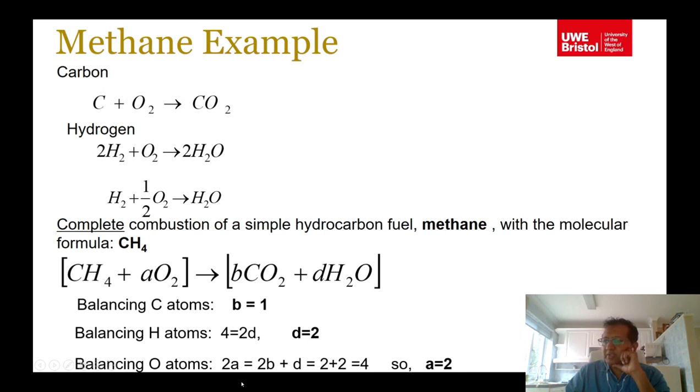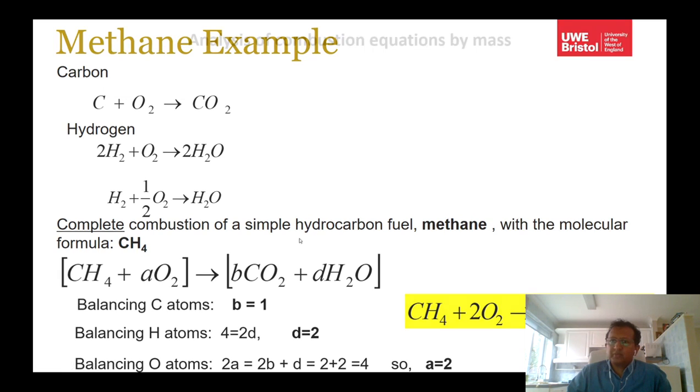And then balancing oxygen atoms, A times O2 is equal to 1 times O2 plus 2 times O here. So that means 4, so A should be equal to 2. So your balanced equation should be CH4 plus 2O2 will produce CO2 plus 2H2O. That's the balanced chemical equation for methane.